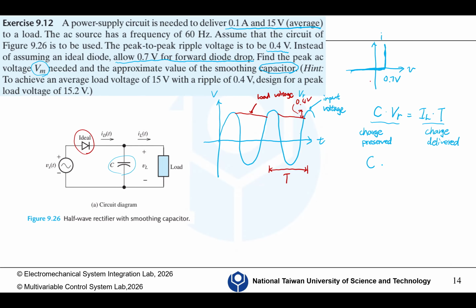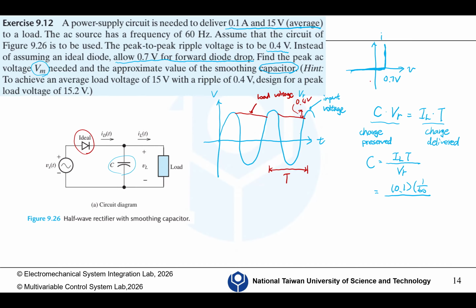Okay, so we can estimate the capacitance as IL times T divided by VR, where IL is 0.1, which is given, and the period will be the reciprocal of frequency.